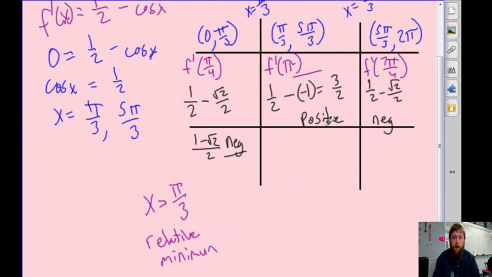And going from positive to negative, x equals 5 pi over 3 is going to be a relative maximum. So you have to do those charts to figure that out, and there you go.